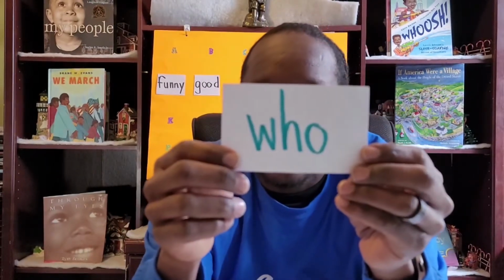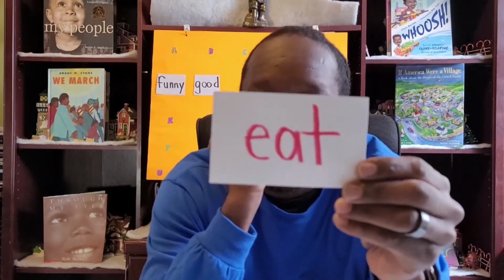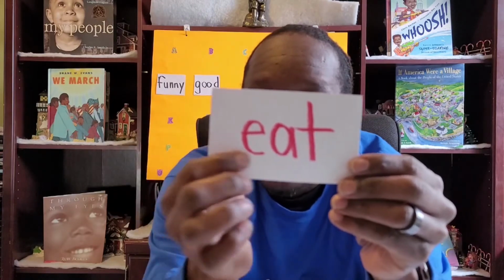And what word is this? Who? Who is listening right now? Are you listening? Yes, thank you for listening. Let's spell who. W-H-O. Who? And what word is this? Eat. What did you eat for lunch?